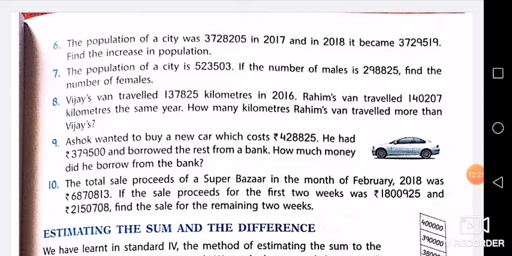As you can see the numbers, Vijay's van travelled 1,37,825 kilometers, and in the same year Rahim's van travelled 1,40,207.